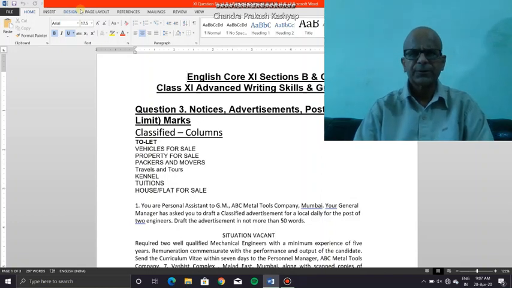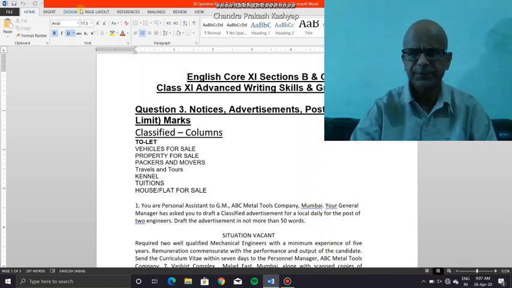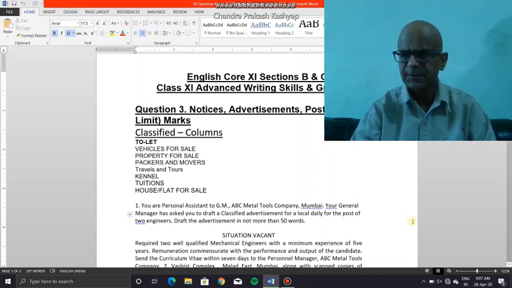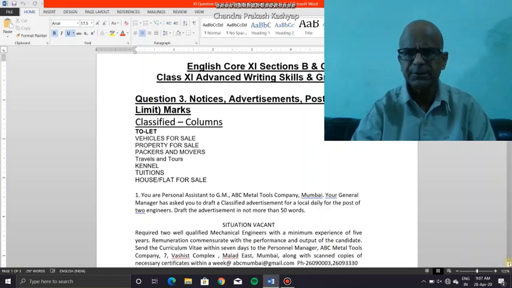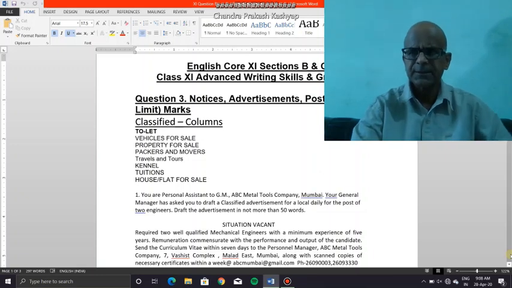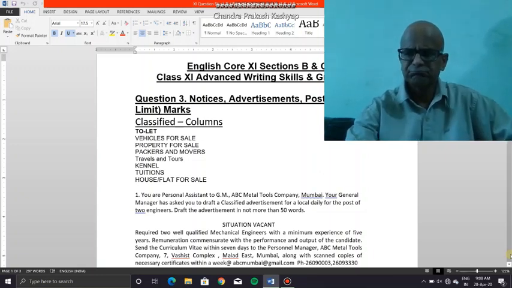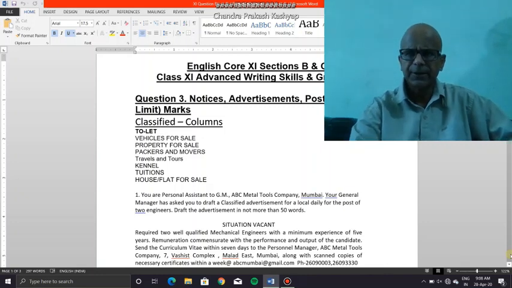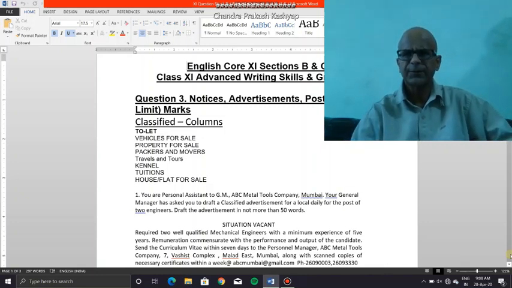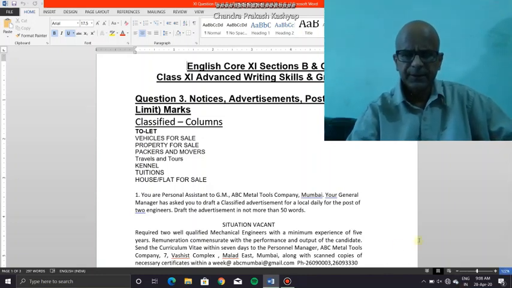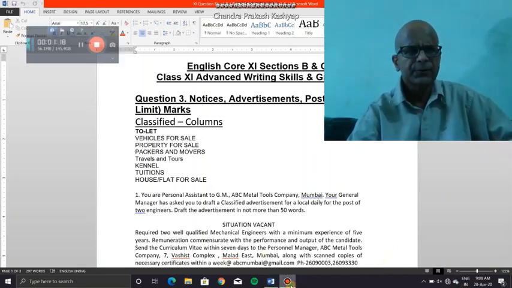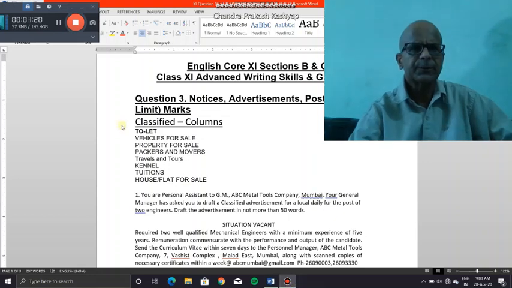So in question number 3, which carries 4 marks, you have notices, which you have been doing since class 8, I believe. You have advertisements and posters. Advertisements might be a new concept, and I believe drafting posters is also what you are already familiar with.